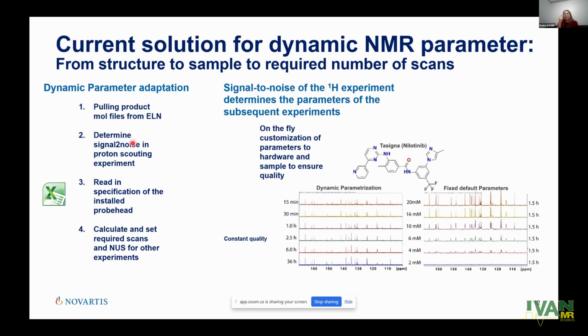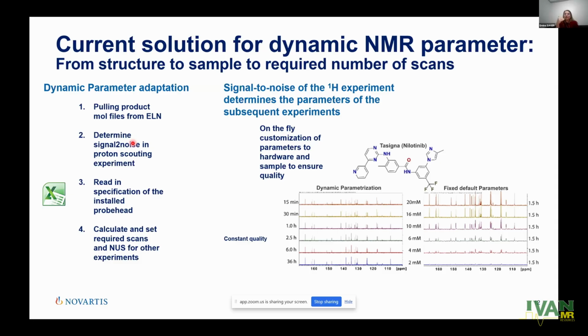Then, according to which spectrometer is used, the specification of the spectrometer and probe head will be read from the Excel sheet. And from the signal to noise and the spectrometer, we will calculate and change the number of scans for the other 2D or 1D and the NUS experiments.